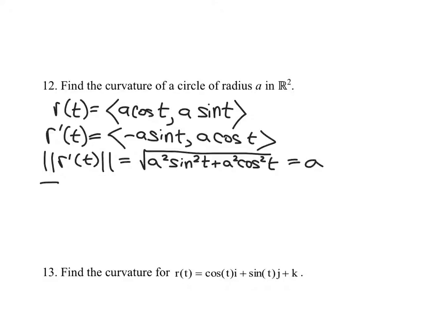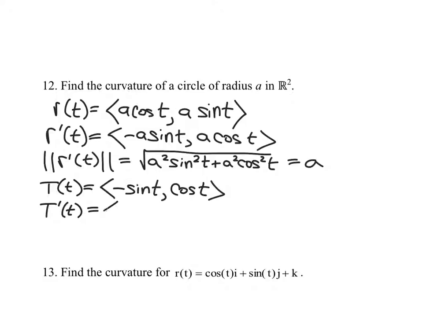All right, so my T of t is r prime of t divided by its magnitude. You're just looking at negative sine t, cosine t. And finding the derivative of that is not hard. Negative cosine t, comma, negative sine t.